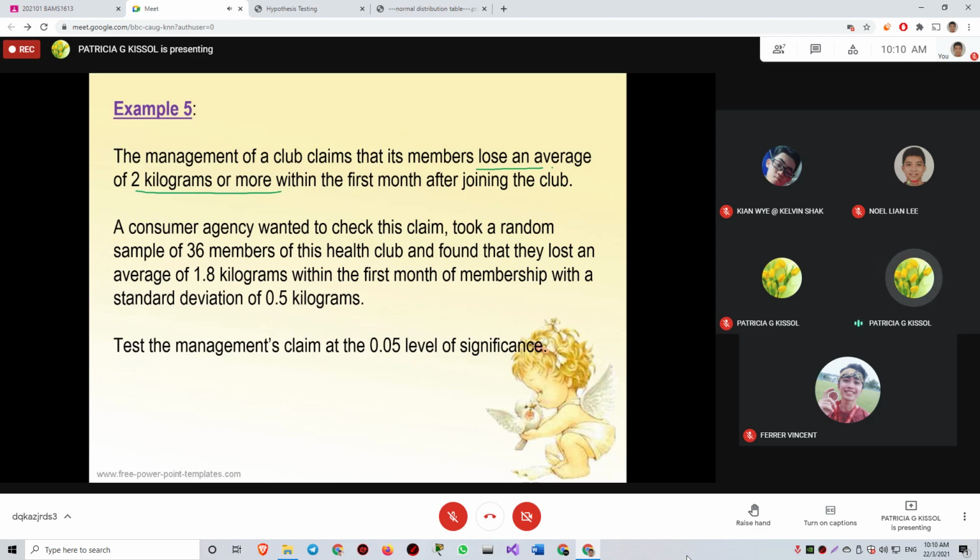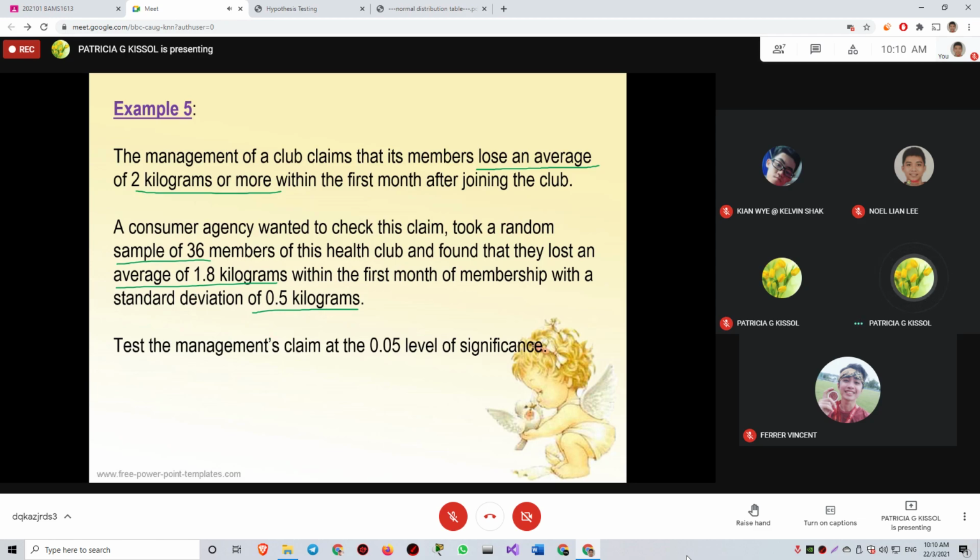This is about losing weight, so on average they lose 2 kilograms or more. To check the claim, the sample is 36, the average is 1.8, with a standard deviation of 0.5, and we test the management claim.